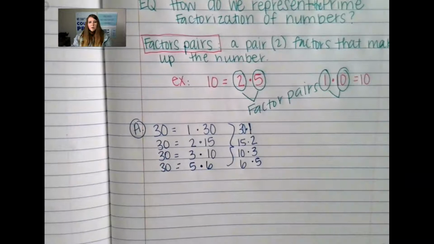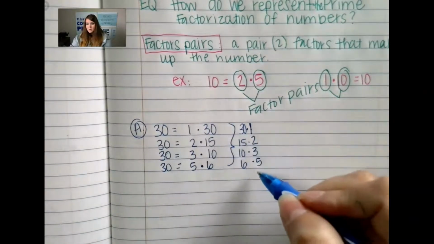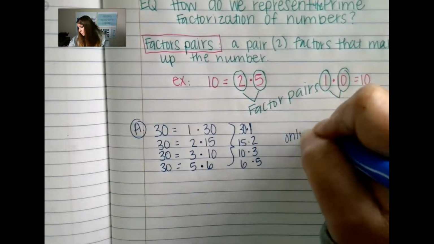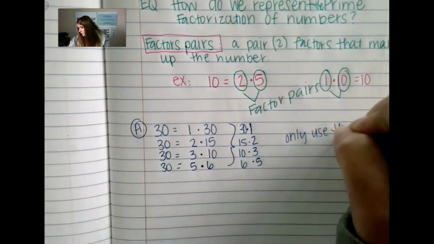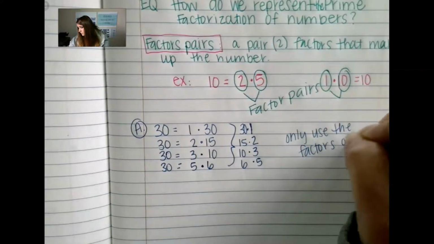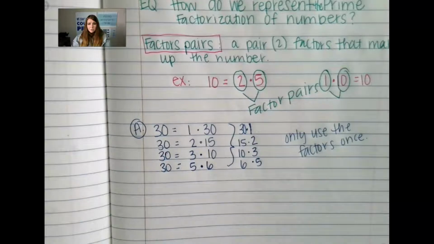If you've already used the numbers, don't reuse them. We wouldn't do it again. You would either list it this way or that way. So we can even make a note: only use the factors once. All right, so these are the possible arrangements that you could put people in to rows.